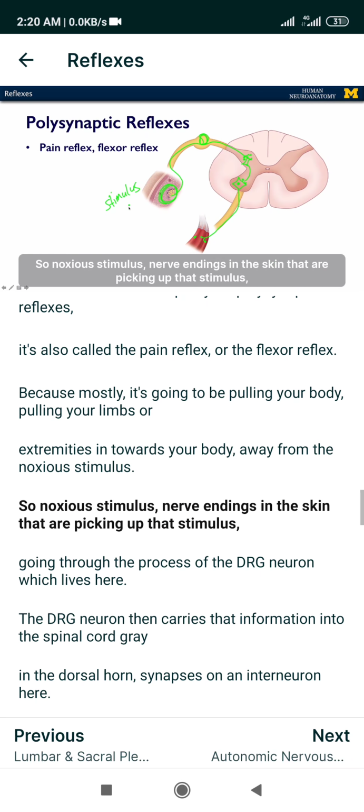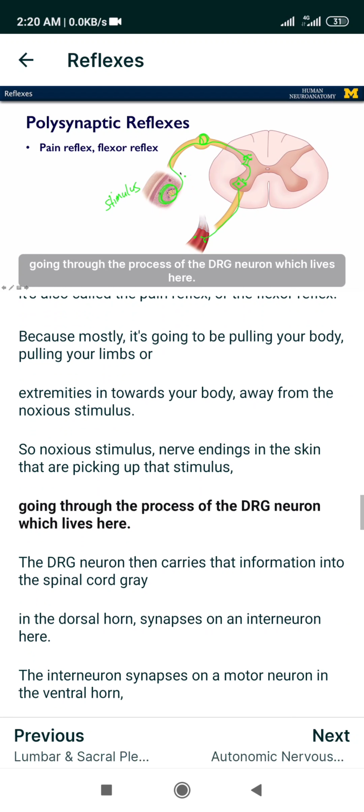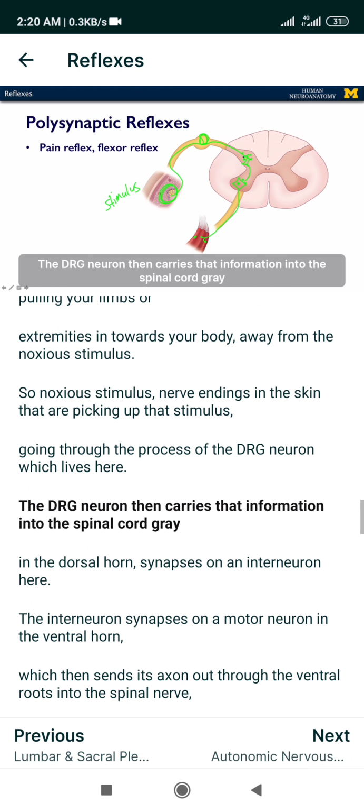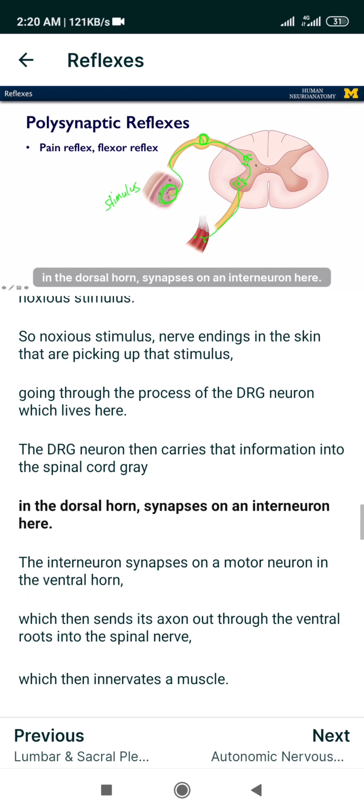So noxious stimulus, nerve endings in the skin that are picking up that stimulus, going through the DRG neuron, which lives here. The DRG neuron then carries that information into the spinal cord gray in the dorsal horn, synapses on an interneuron here.